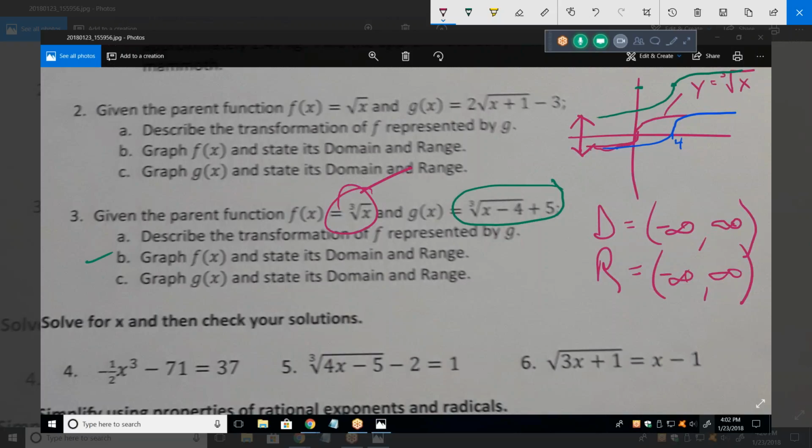If you take the cube root of 1,000,000,000, you get like 10,000. So if I make x big enough, then the cube root of x still goes to infinity. So it still goes all the way down to infinity, and it still goes all the way up to infinity, whether I'm looking at the graph or the function.